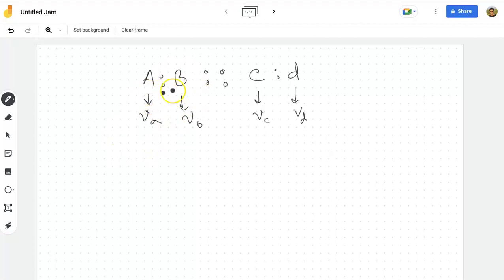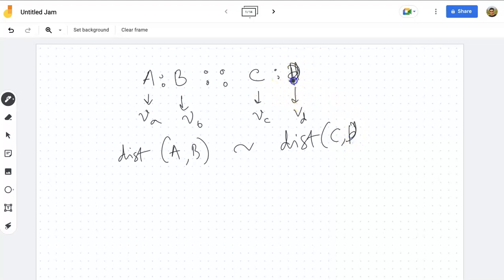Now if they are similar, then the distance between A and B and the distance between C and D should be similar. This is capital D. So we'll use this. What is the distance between A and B? It is the vector distance: vector B minus vector A, which will be equal to vector D minus vector C.